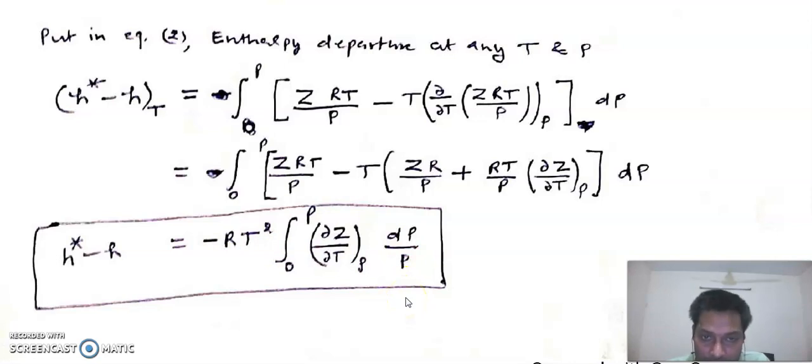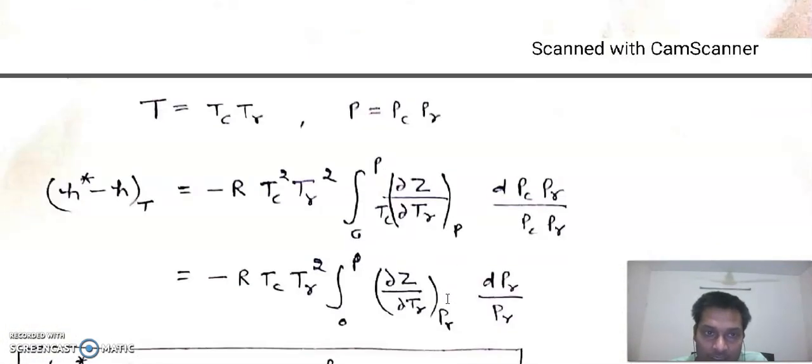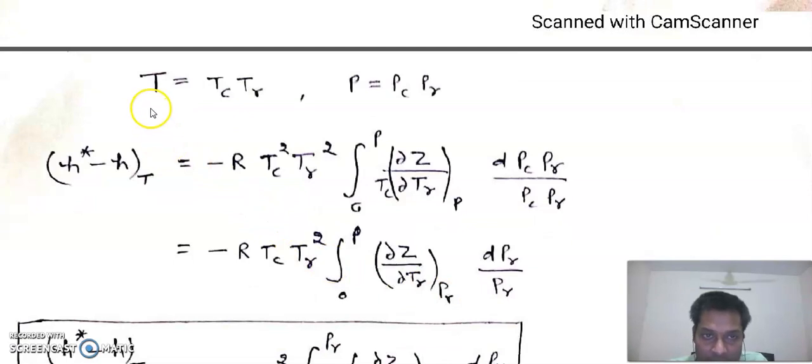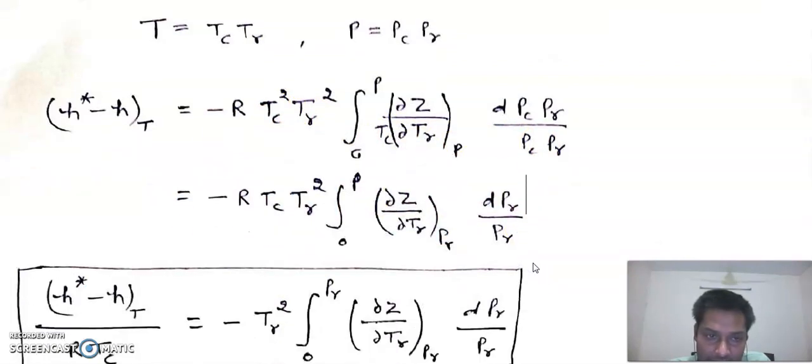You can also represent this expression in terms of reduced pressure and reduced temperature. So temperature is equal to Tc into Tr, where Tc and Tr are critical temperature and reduced temperature. Similarly, pressure is equal to Pc into Pr, where Pc and Pr are critical pressure and reduced pressure. So replace this temperature by Tc Tr, then you will get this equation, and from this equation finally you will get this equation.